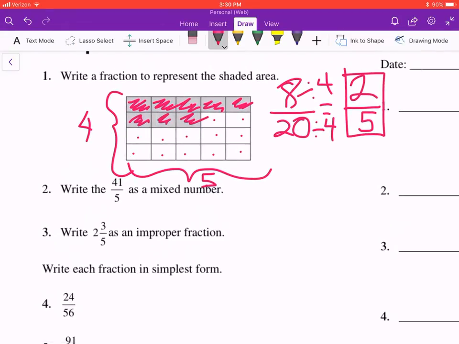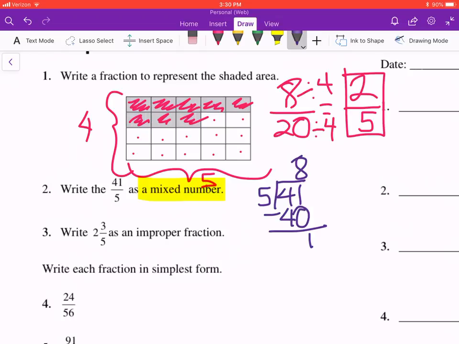Now, the next problem says write the fraction 41 over 5 as a mixed number. Remember, for mixed numbers we are going to perform this division, and I suggest that you use scratch paper. 41 divided by 5: 5 goes into 40 8 times, because 8 times 5 is 40. Here we subtract, so 41 minus 40 is 1.